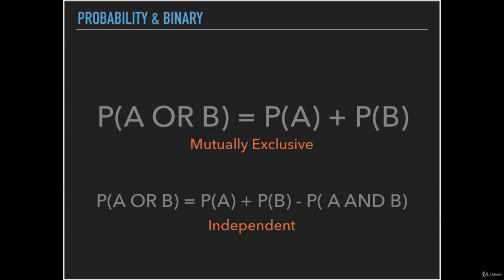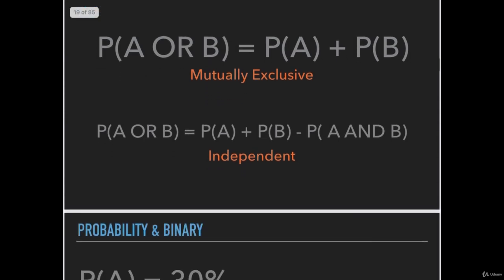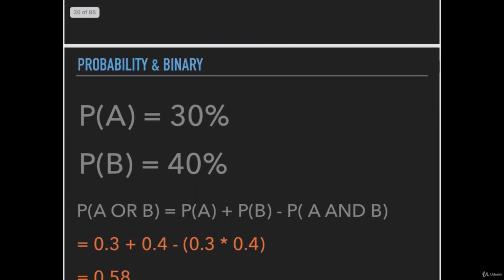Then we need to subtract P(A and B) happening together, if the events are independent. So whether an event is independent or mutually exclusive should be given to us if we want to calculate some kind of probability, or we can understand it intuitively when we read a paragraph or the problem itself.